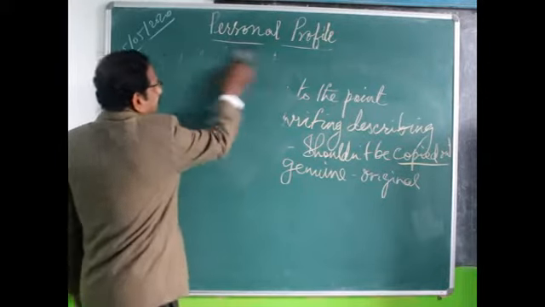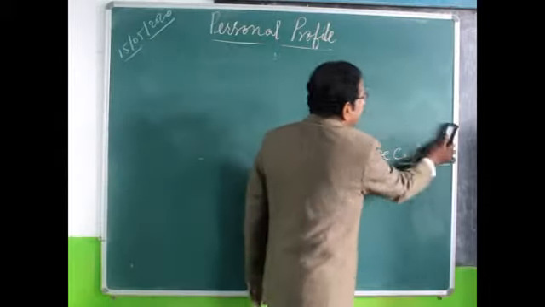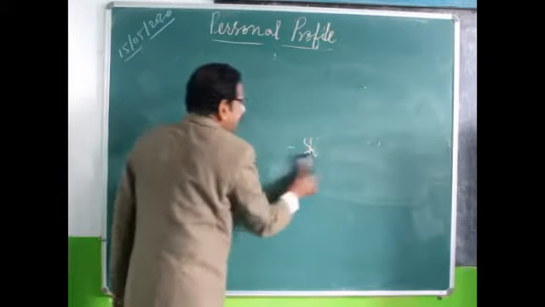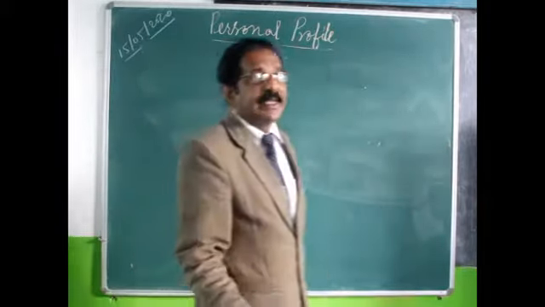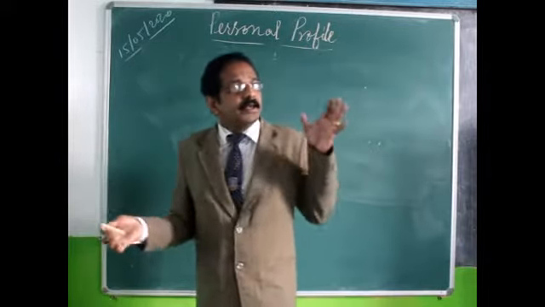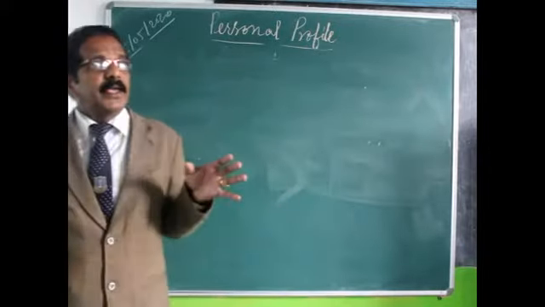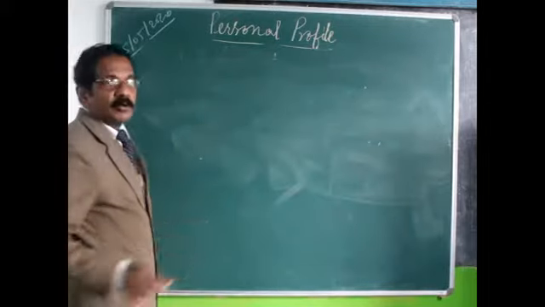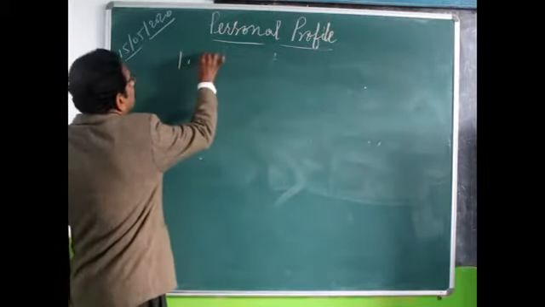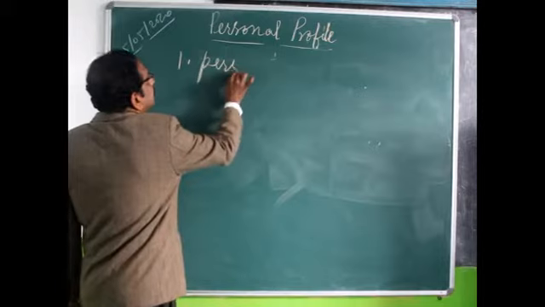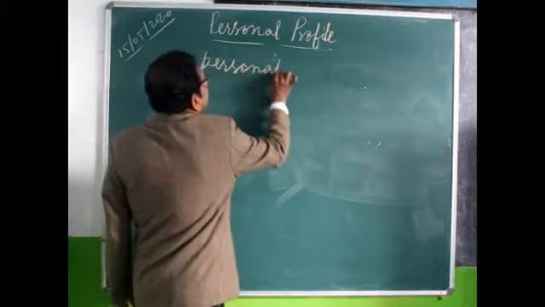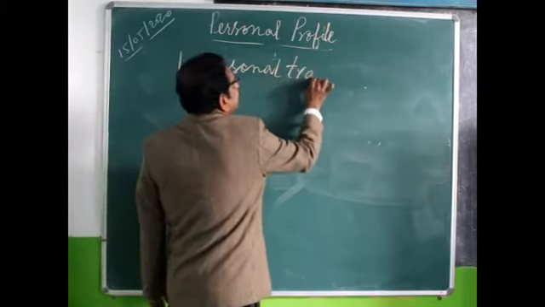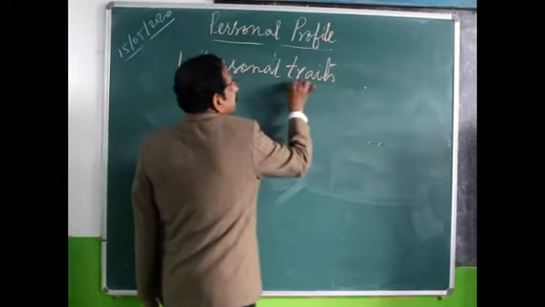And then let's look at some of the things that you should be avoiding or taking care of. And we shall again go point by point. How do we go about it? First, talk about your personal traits. What are traits?